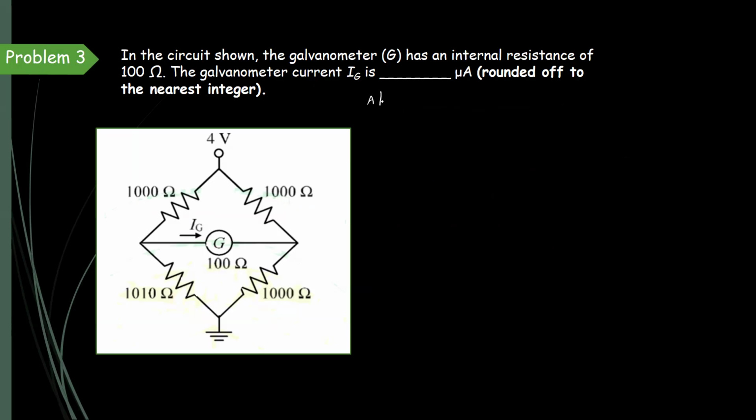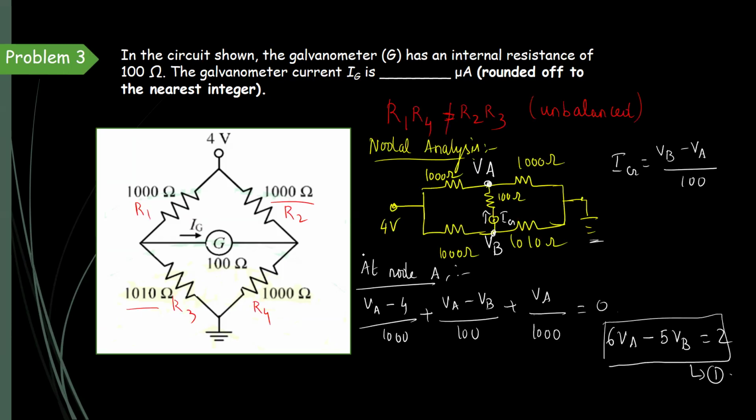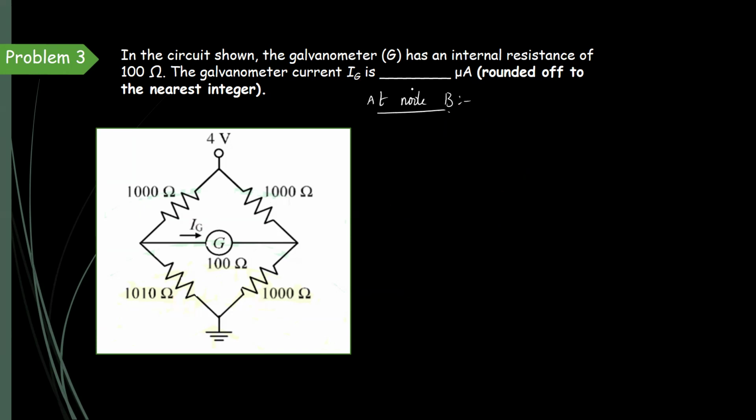Now at node B, we can write the equation: (VB minus 4) by 1000, plus VB by 1010, plus (VB minus VA) by 100.